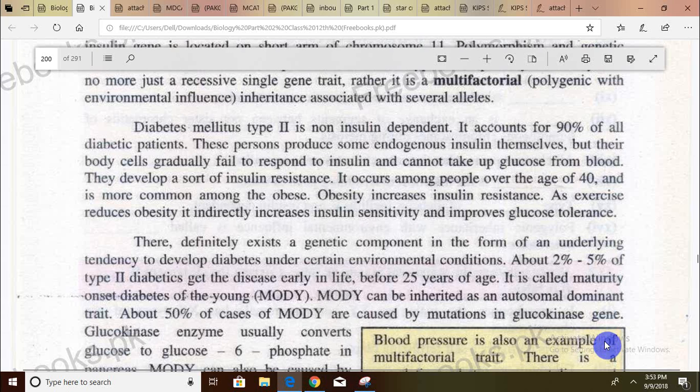So the more exercise a person has, obesity is reduced in said person, and indirectly because of reduction in obesity, glucose tolerance increases, meaning the ability of a cell to take up glucose increases, as well as obviously its sensitivity to insulin.